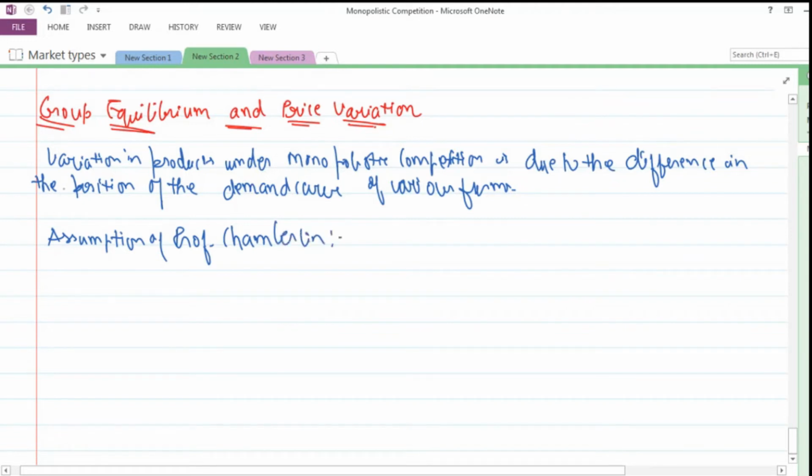He has assumed that the cost and demand curves of all products in the group are uniform.